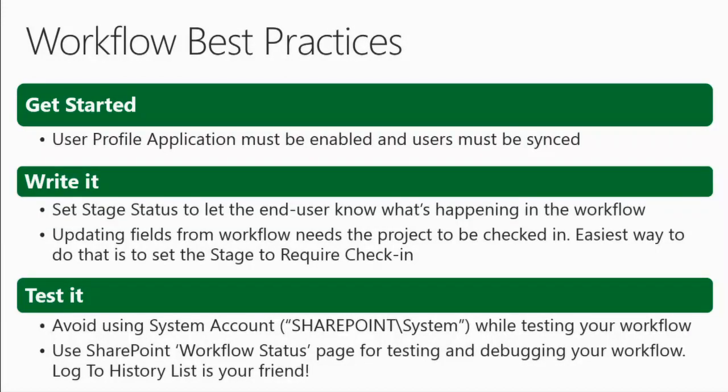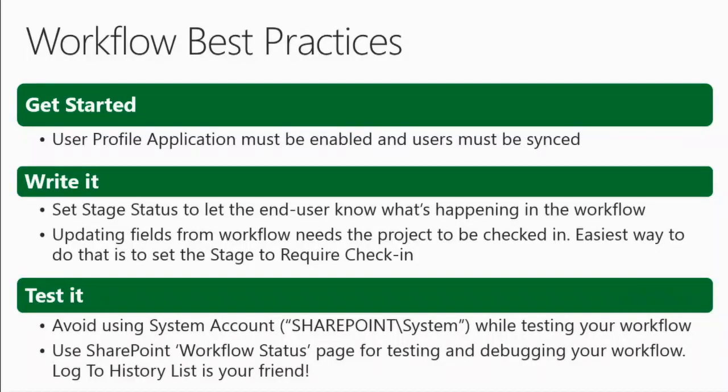And then the second part, as I'm saying here, log to history list is your friend. Online, that's the only option you can use to debug your workflows. And as I was saying, I hid so many other tips that you can look at.